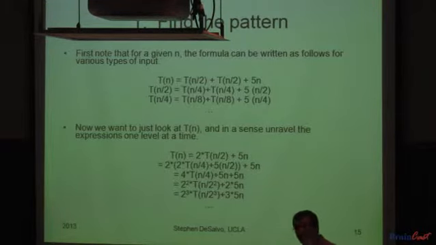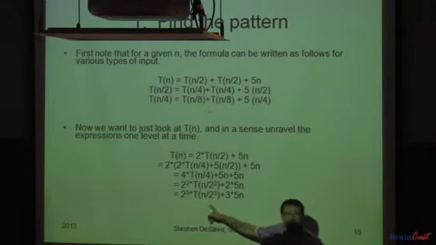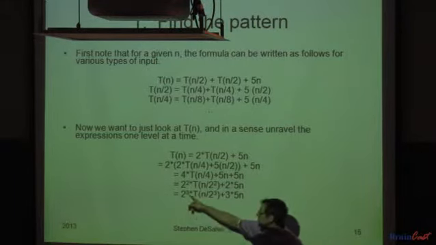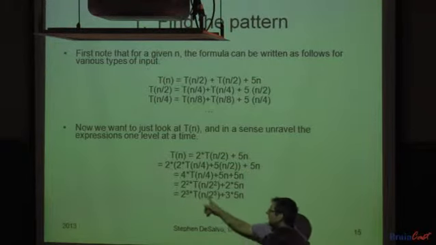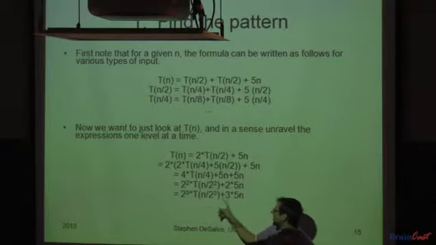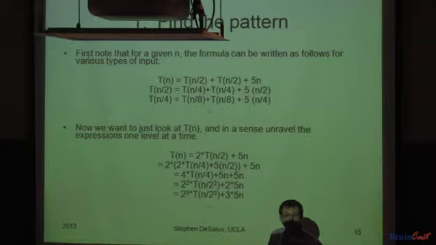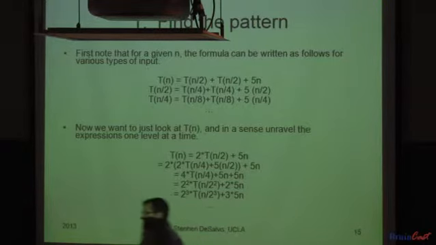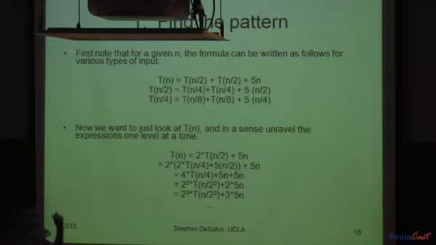Because when you do this a third time, the pattern that emerges is this pattern right here, which is 2 to the number of times you're running the recursion times T of n over that number, 2 to the third, plus the exponent here, 3 times the 5n. Okay? So that's step 1, which is just work out the first few cases to find the pattern.